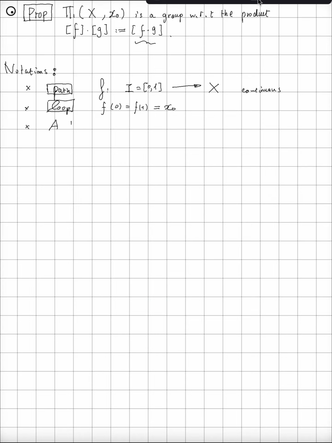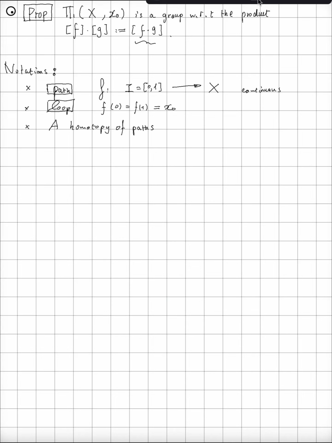And then, to define homotopy classes, we have to first define what is a homotopy between paths.